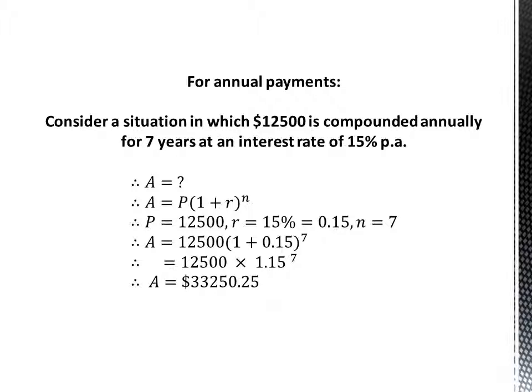So A equals 12,500 in brackets 1 plus 0.15 to the power of 7. This equals 12,500 times 1.15 to the power of 7, and this equates to $33,250.25.